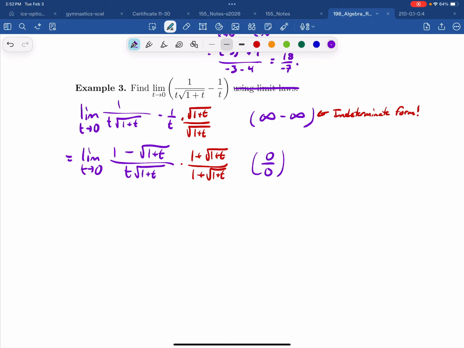Remember, same rules as before. Please do not simplify the bottom. And anyway, we're going to get 1 minus the quantity 1 plus t squared. No, sorry, not 1 plus t squared, just 1 plus t. Don't square it. But note that we got rid of the radical, and note that we are subtracting the quantity 1 plus t. Please remember those parentheses.